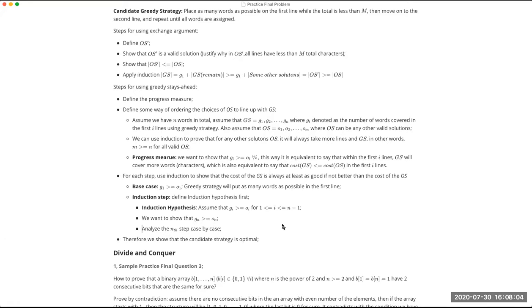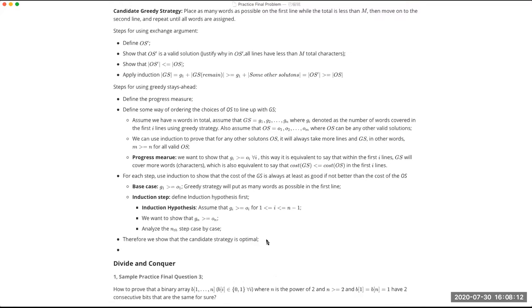And the importance of this question is you can try another way of proving the greedy strategy. Assume we have n words.